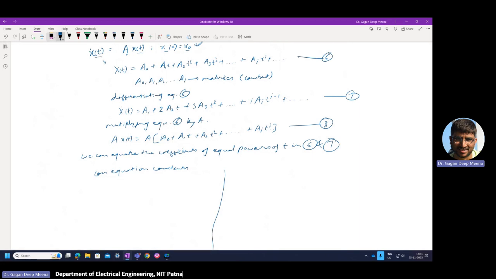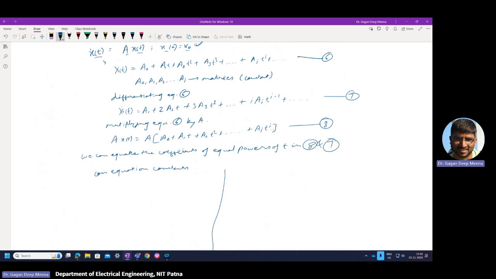Sorry, actually here it was not 6 and 7, it was 7 and 8. We have to equate 7 and 8, not 6. Actually, 6 we have already obtained in a new version as 7, by multiplying A here.